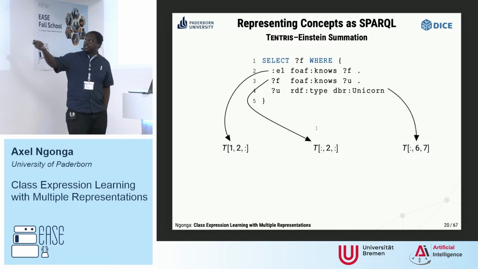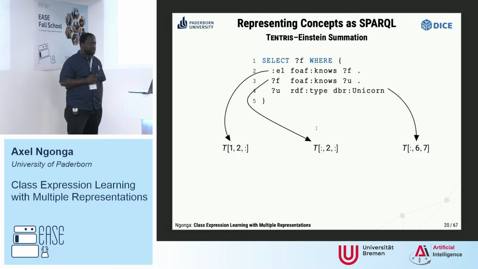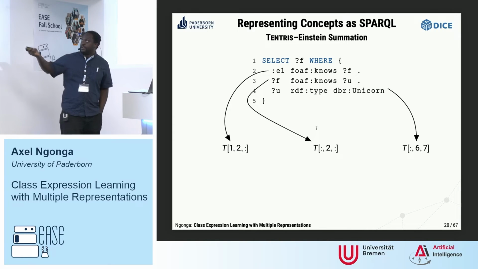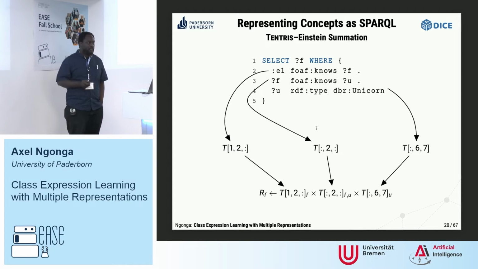I can take each of these triple patterns and map them to a slice of my tensor. Pretty straightforward so far. But then, because I have the join operations, my join operations are really just Einstein summations with respect to the running variables, which carry out the join.